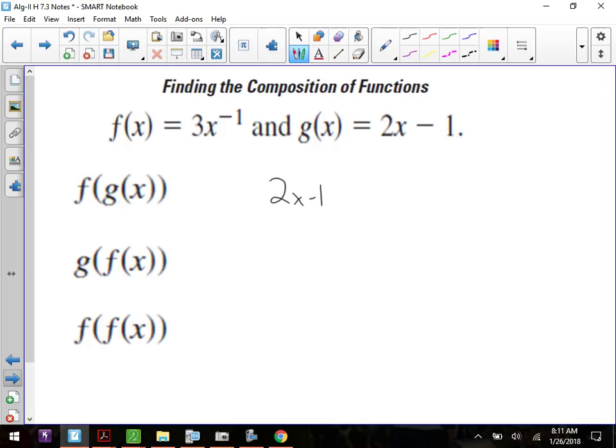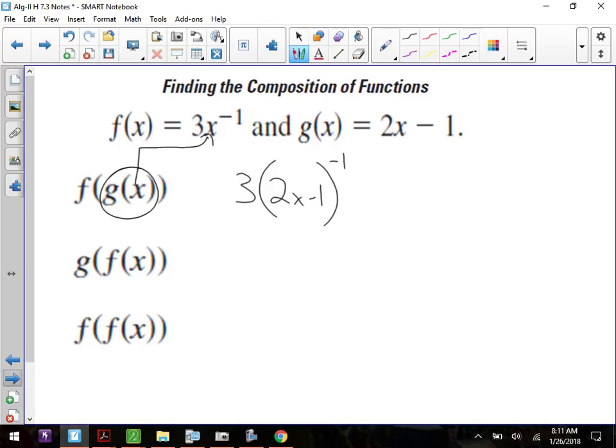Now, that value is the x value of the f function. So what I do then is I surround that with the f. Because what you're doing is you're taking that function of g and you're substituting it into the function of f. So you start by writing out what the innermost is and surround it with everything else. You're taking this value, whatever that is, and you're substituting it into the x here.